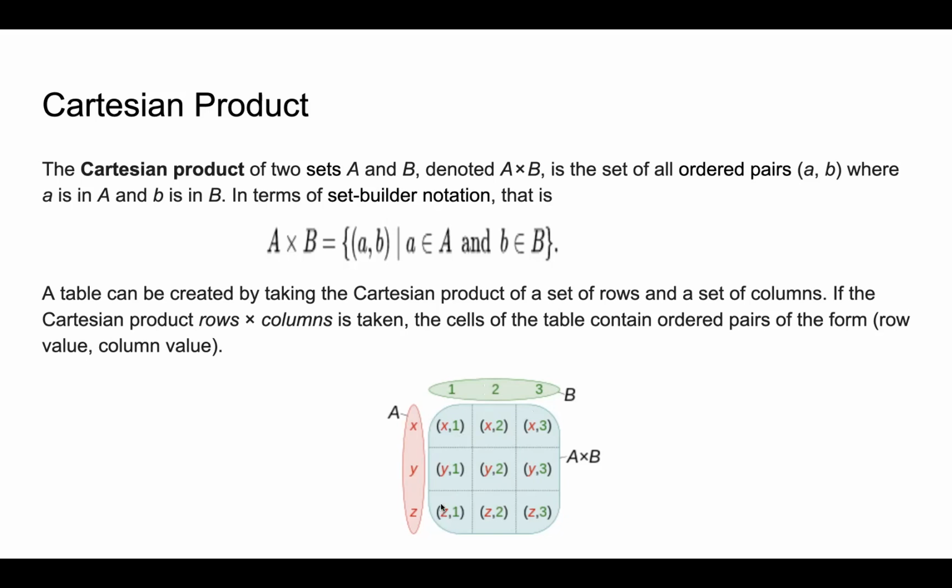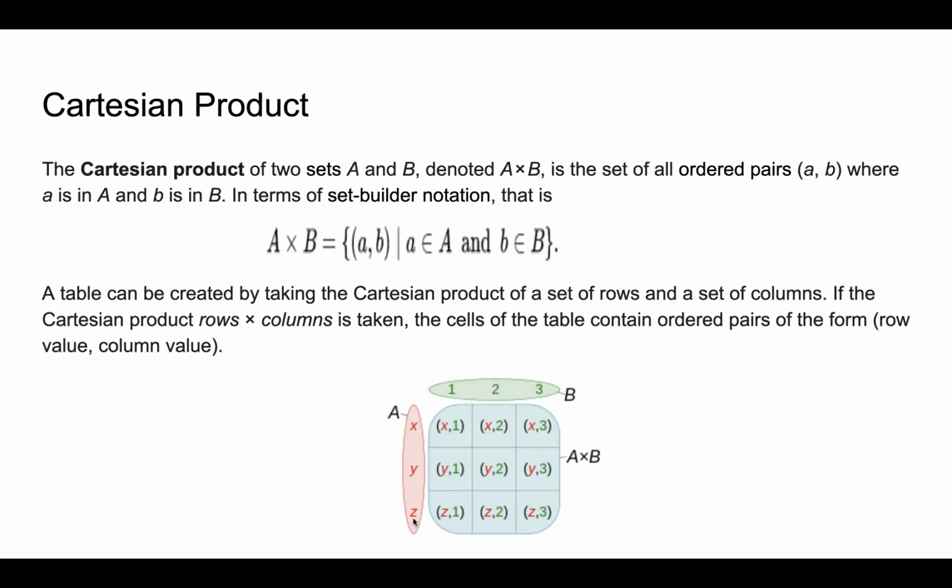Then the last row is Z, which is from set A. And here 1, 2, 3. Three elements are there that we have to consider.